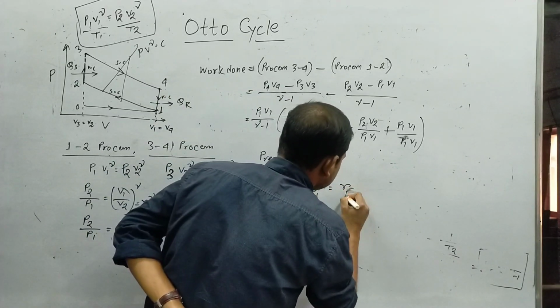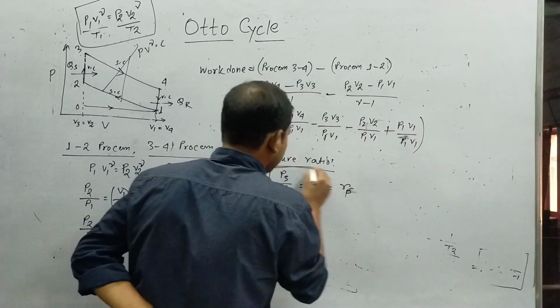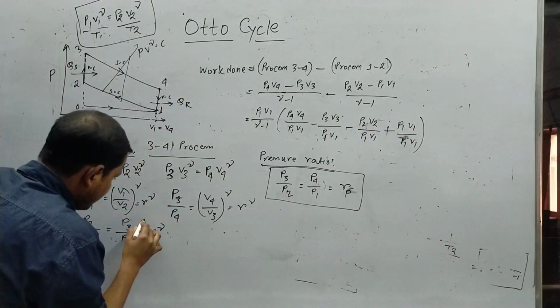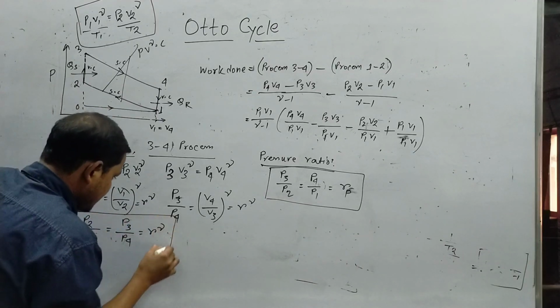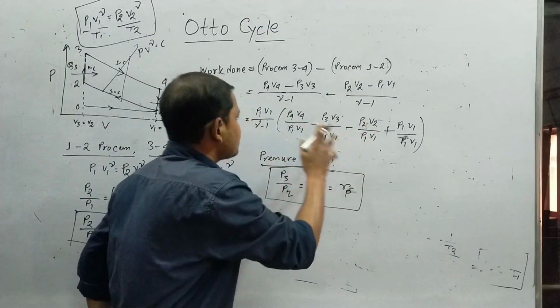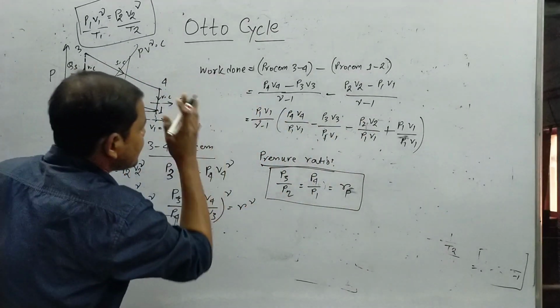RP is the pressure ratio, and we will use the pressure ratio, the compression ratio and the equation R to the power gamma to simplify this work done equation.